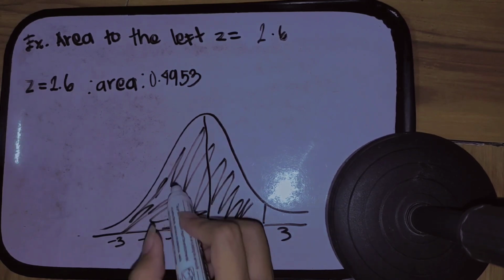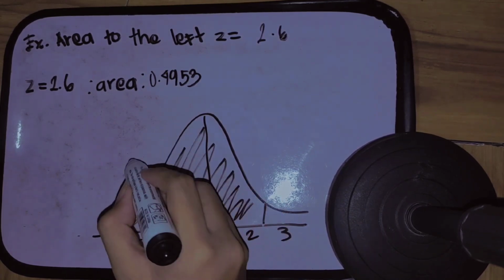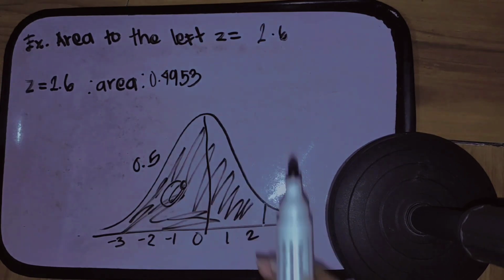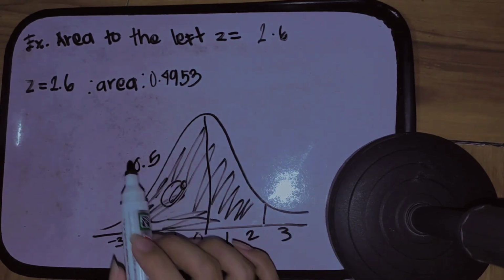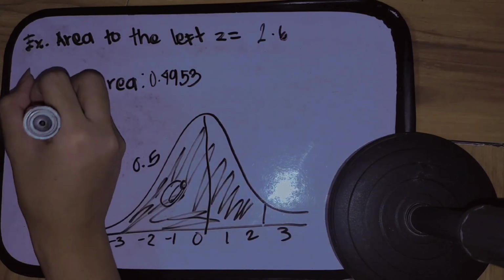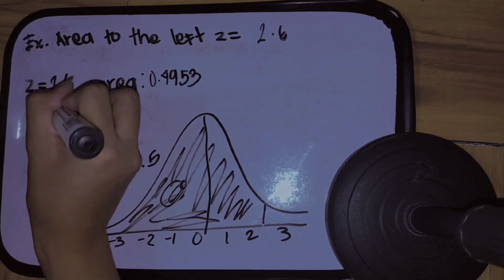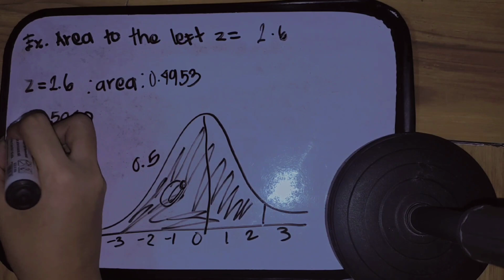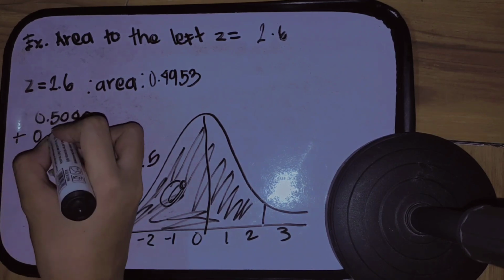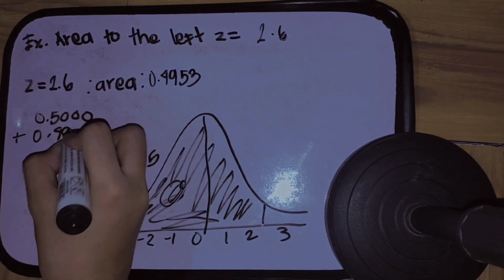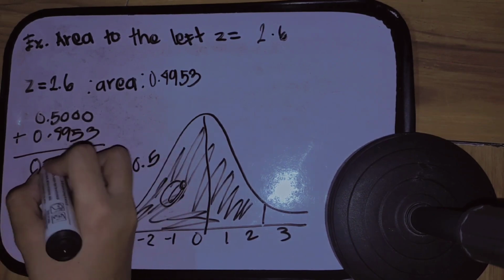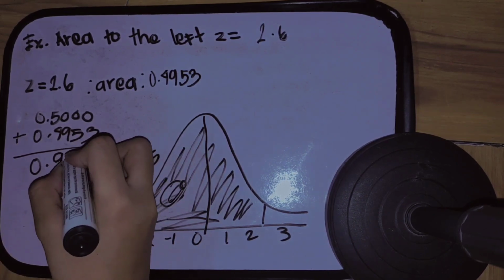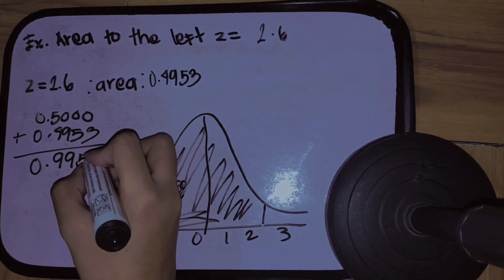So, i-add na. Ang buong total nito ay 0.5. So, i-add natin ang total ng side nito sa 0.5. So, 0.5000 plus 0.4953 equals 0.9953.